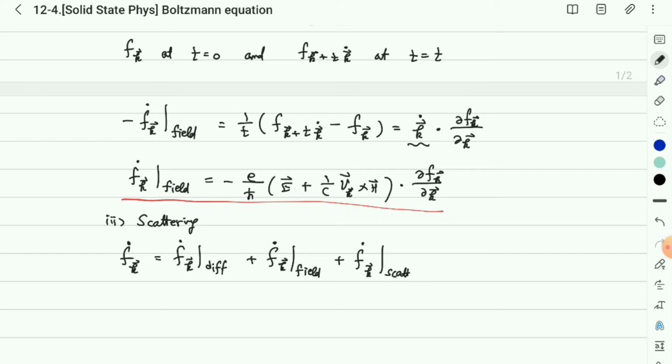Therefore, in a steady state, the time derivative of the distribution function equals 0, because there is no time difference. Steady is the definition of the steady state.